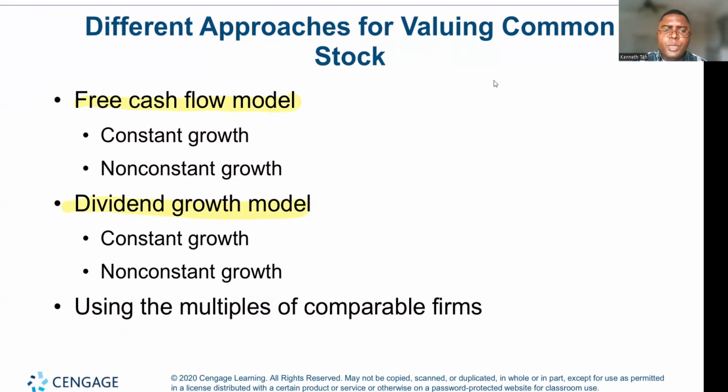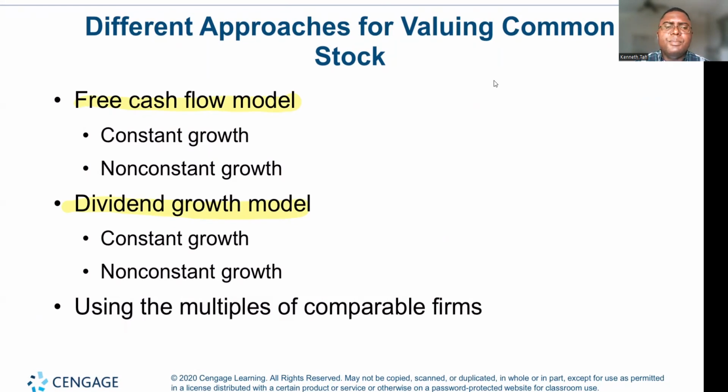Now, in doing this, we need to understand the pattern of the flow of free cash flow or the dividend growth. So free cash flow or dividend can be in such a way that the growth is constant. In that case, we'll use the constant growth method in valuing the company.